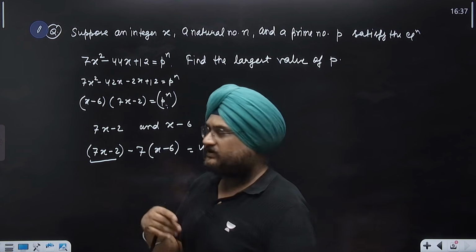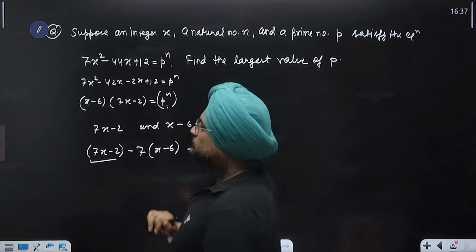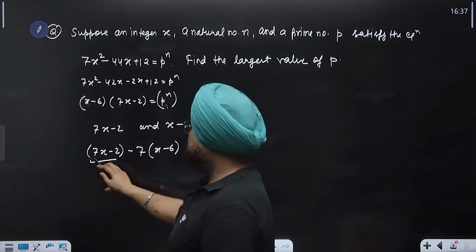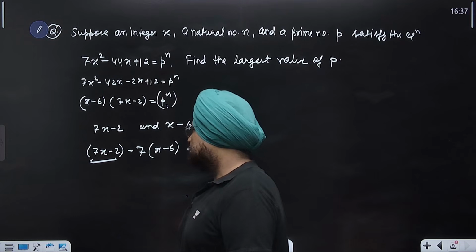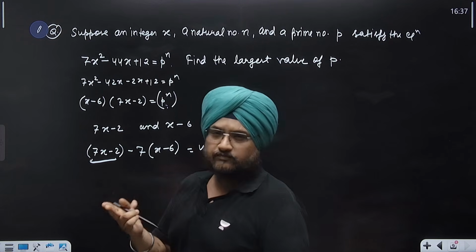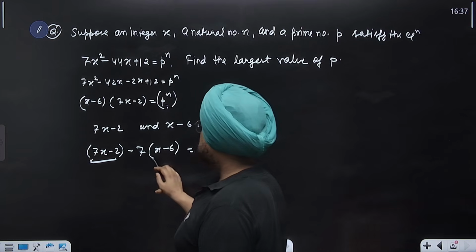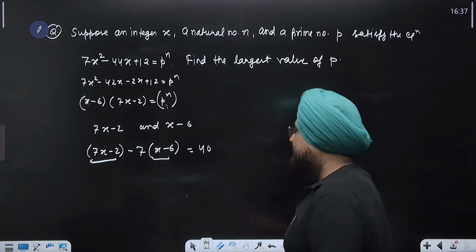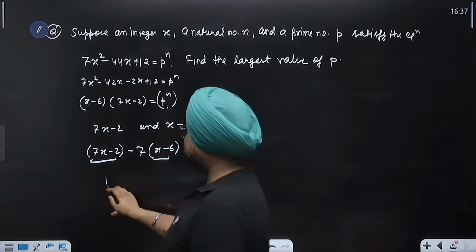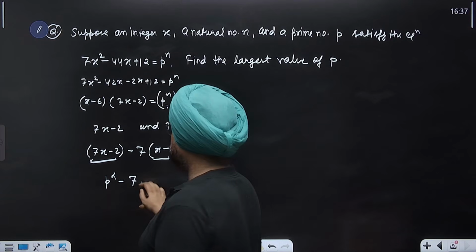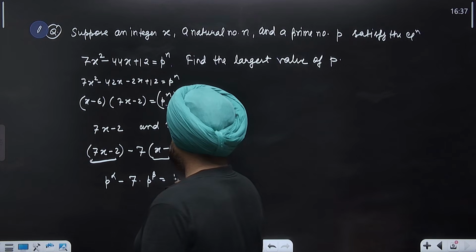Since the product of these two is p to the power n and p is a prime number, this will be of the form p to the power alpha, and this will be of the form p to the power beta. So we can write p^alpha − 7 into p^beta is equal to 40.